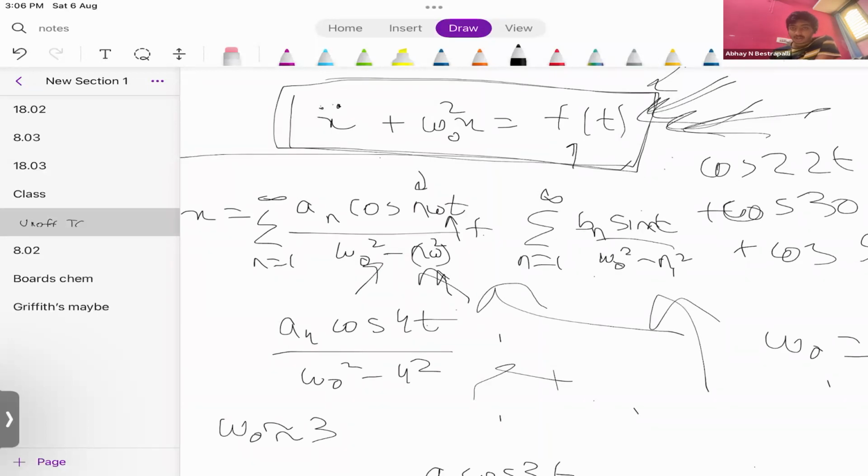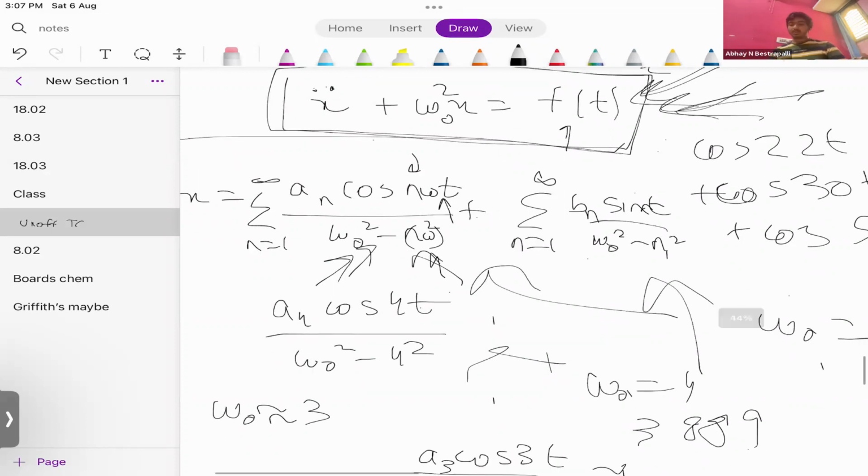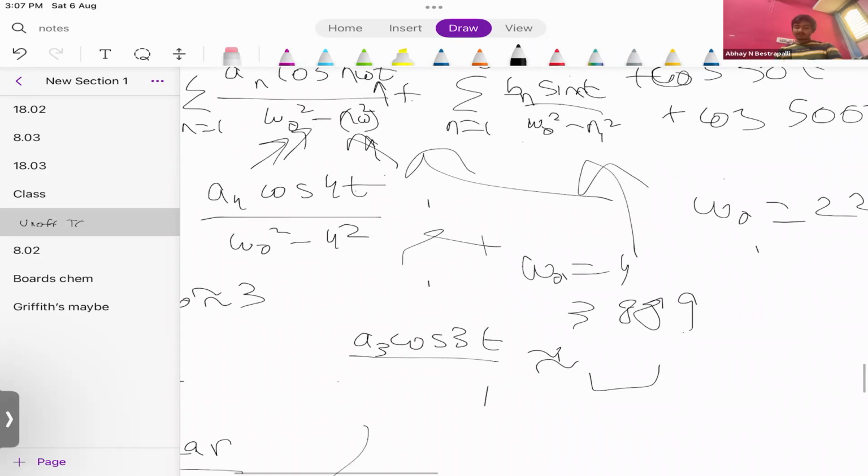If f(t) is assumed to be a function of period 2 pi, then the frequencies which will have the most impact will be natural numbers. But even if omega naught is not exactly 4, if it's something like 3.889, it will still oscillate most when the sound has frequency 4, compared to a hair with frequency 10, if that makes sense. So there won't be exact natural frequencies among the hairs.